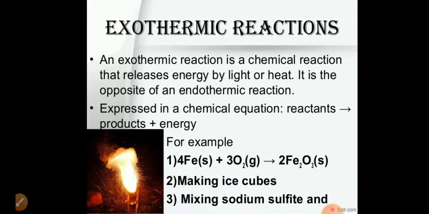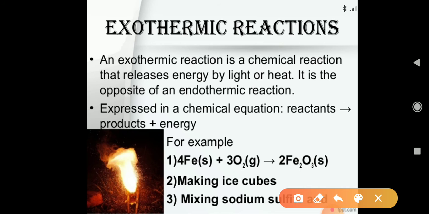One more important type of reaction is the exothermic reaction and endothermic reaction. Now what is an exothermic reaction? An exothermic reaction is a chemical reaction that releases energy by light or heat. It is the opposite of an endothermic reaction.